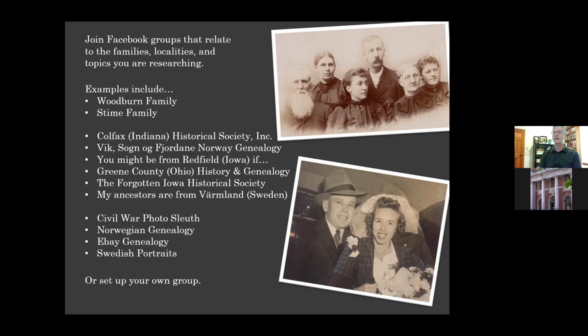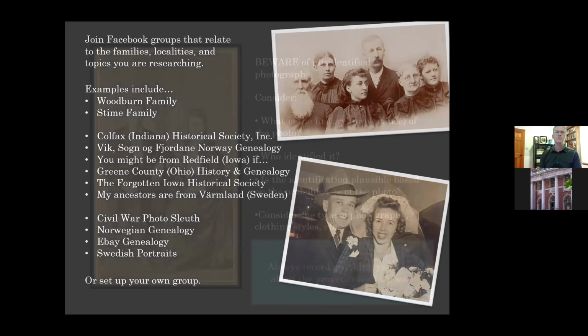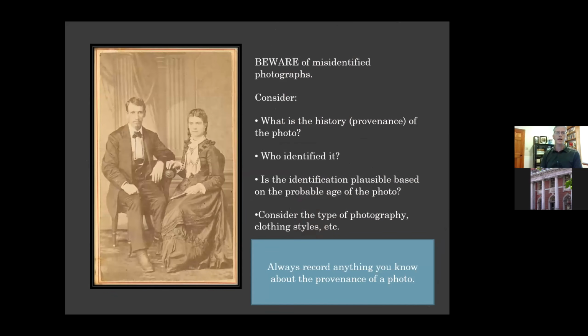People are making suppositions that aren't well-founded. So you don't just want to add everything to your family tree, assuming it's correct. It's the same with photos. You always want to think critically. Is this really the person that people are saying it is? Is it the right time period and all that kind of thing? So this is an example of that.